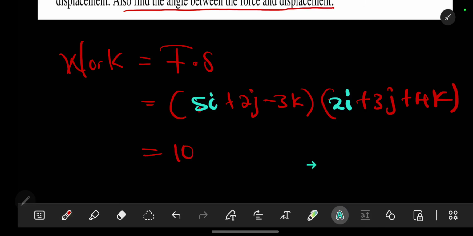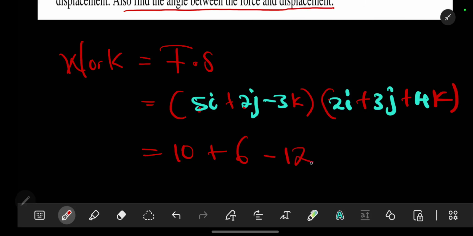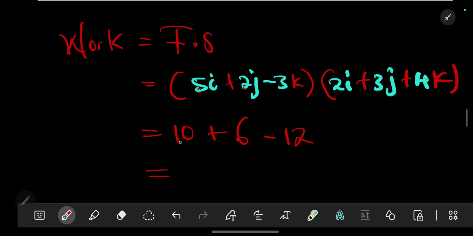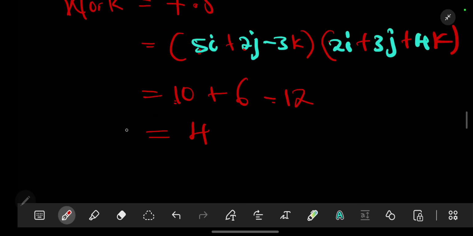Then 2j times 3j is positive, since both are positive: 2 times 3 gives us 6. Again, we multiply negative 3 times 4, which gives us negative 12. So we have 10 plus 6, which is 16, minus 12, which gives us 4. So 16 minus 12 gives us 4. This will be our work.